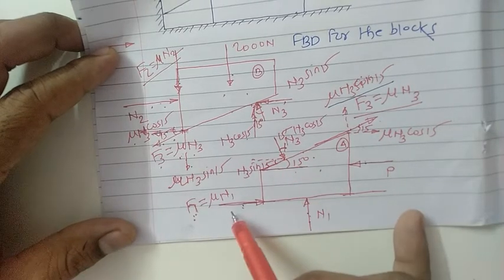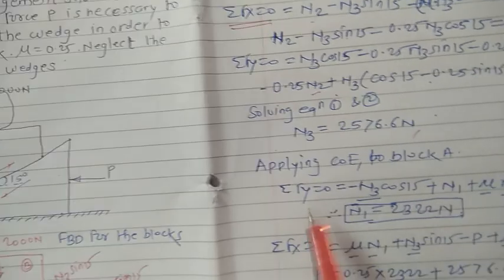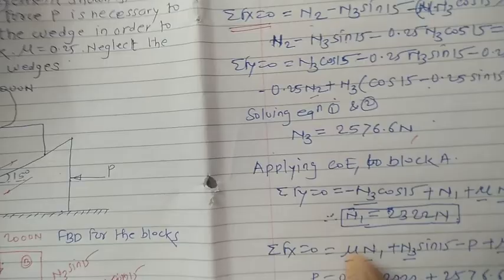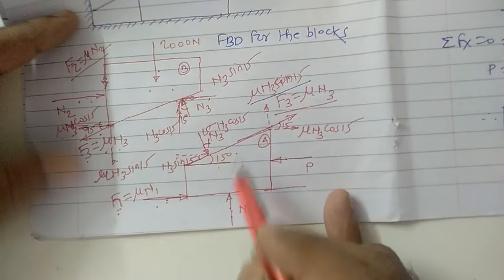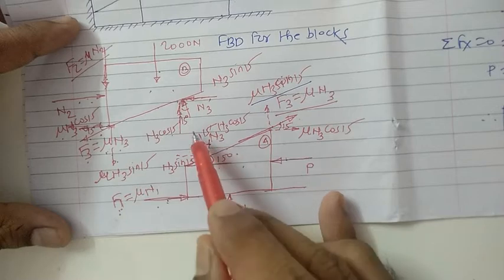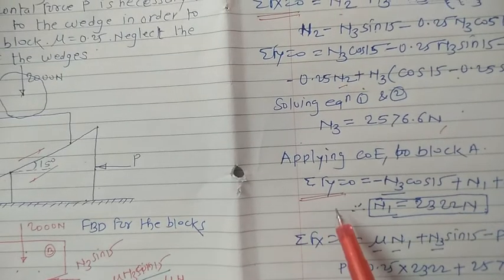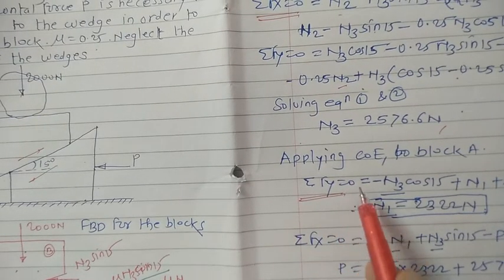First of all, get the relation here, summation of f of y. Just focus on the vertical forces only, this one n1 with us, then n3. Already n3 you can get from the previous relation, that's why you can just write this summation of f of y equation as first.